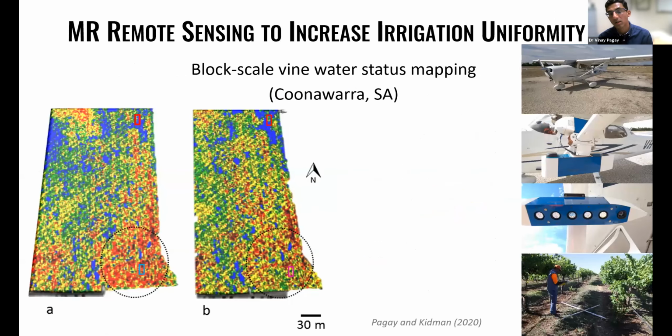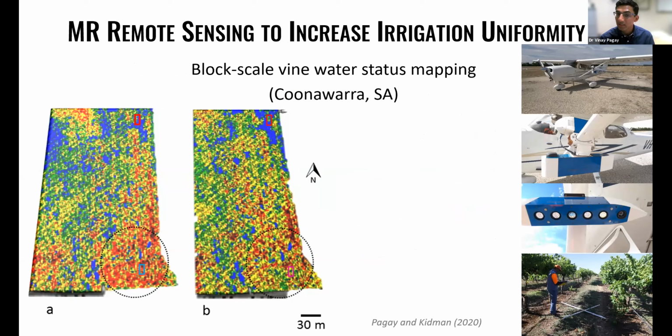Another place where this type of technology can be used is to increase irrigation uniformity. I know Jeremy and I have talked about this in the past, but in this case, the map of the block on the left side shows 3/4 of the drippers blocked in that bottom right section of the vineyard. And you can see that manifesting in a higher canopy temperature.